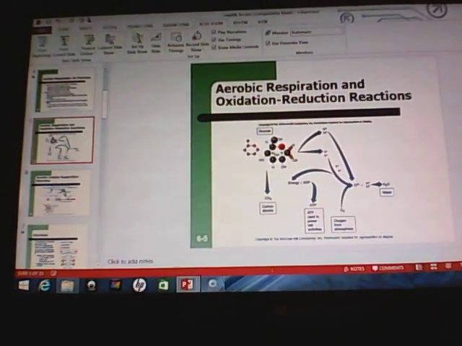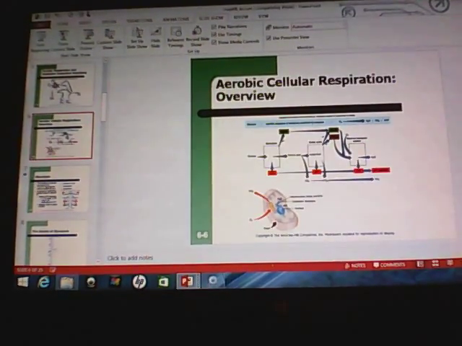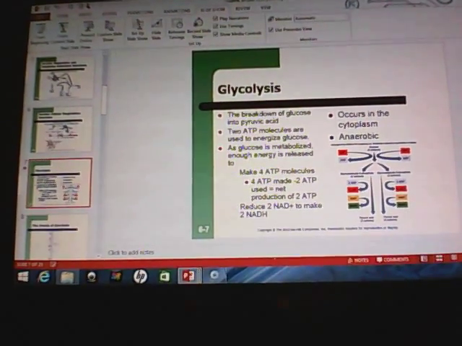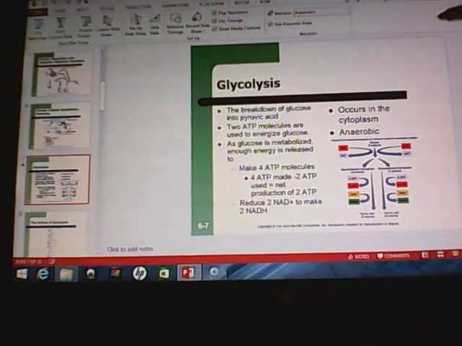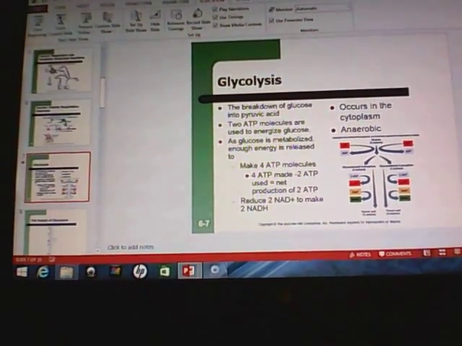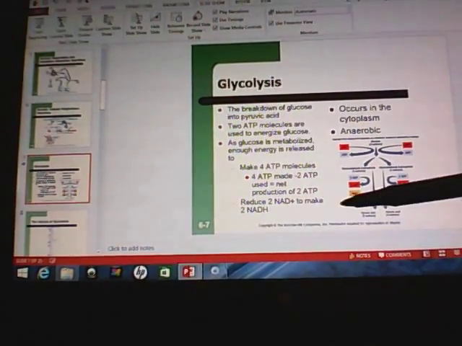This just shows the process for aerobic respiration, but I wanted to start at the beginning of aerobic respiration, which is glycolysis. You need to know that glycolysis happens in the cytoplasm. It's the only part of aerobic respiration that happens in the cytoplasm.